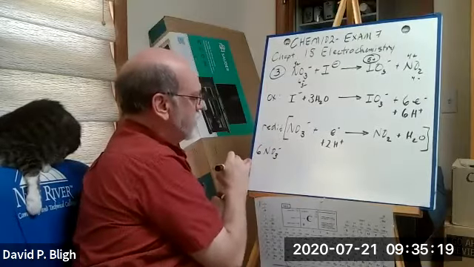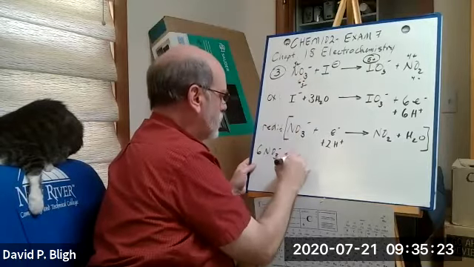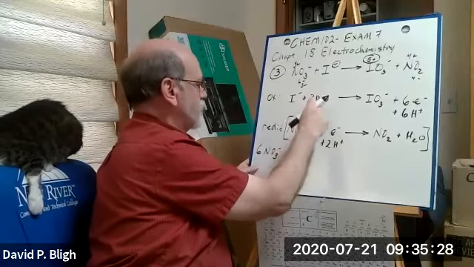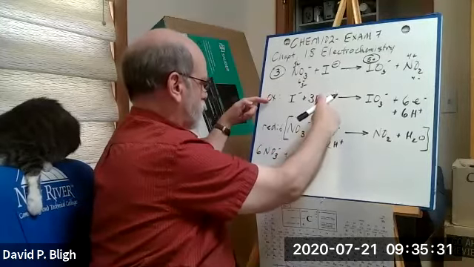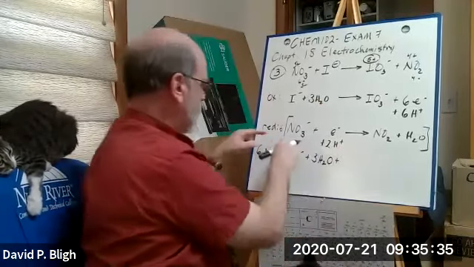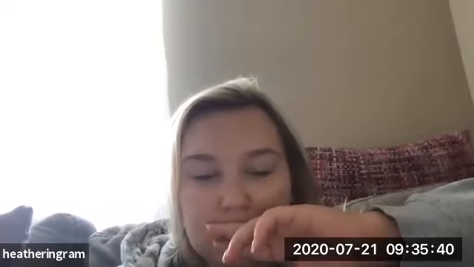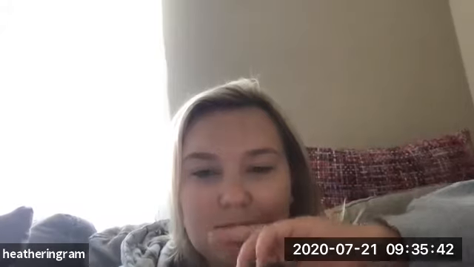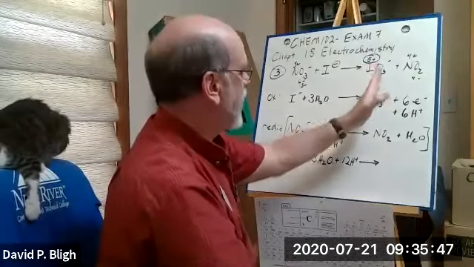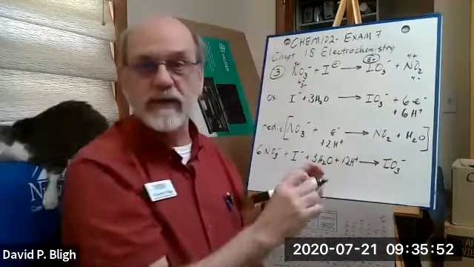6 NO3. And then the number of iodines would be 1. Then we have 3 waters. And 6 times 2 is 12 hydrogens. Okay. On this side, we'll put iodate first. Somebody else?